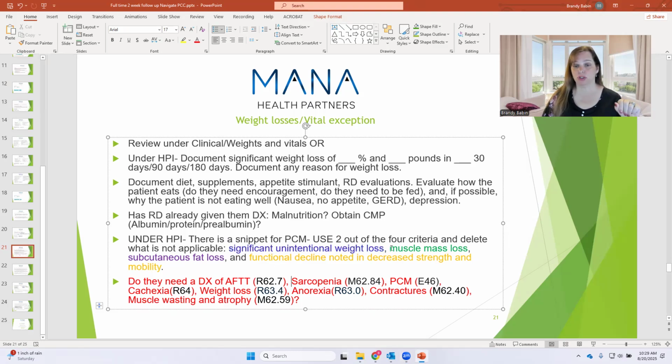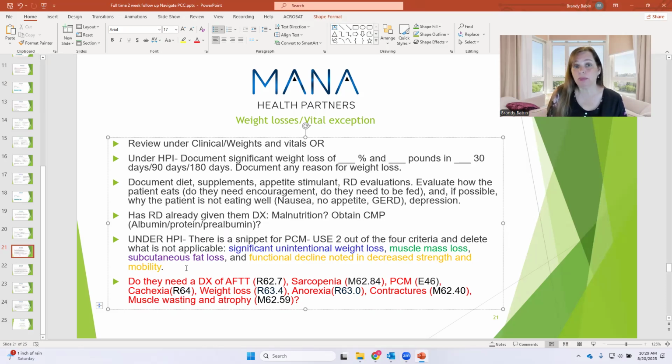protein calorie malnutrition. Muscle mass loss. I don't need to be the one that tells you what that looks like. We all know what muscle mass loss looks like. Subcutaneous fat loss. So let's say you have a patient that's 300 pounds, they drop down to 250, now they're 220. Do they still have subcutaneous tissue and a large amount of it?